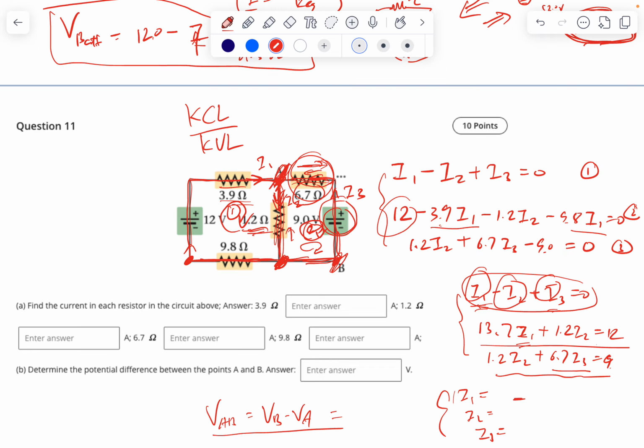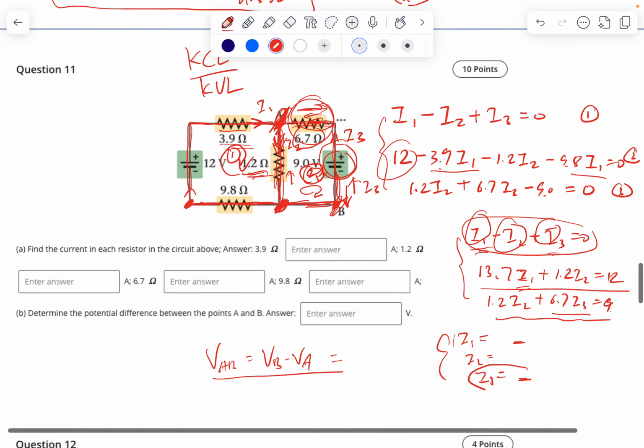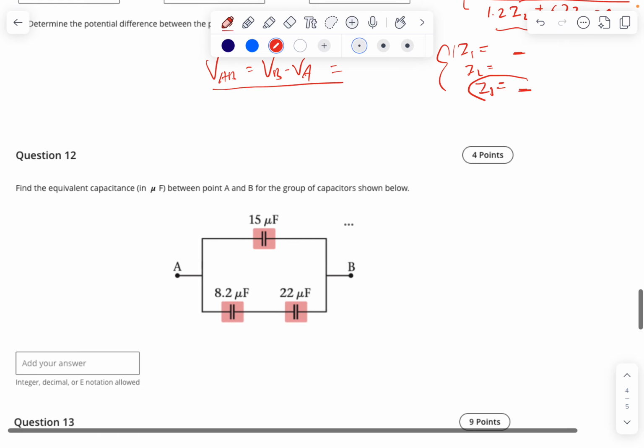Assume I3 is negative, which means the direction you assigned for I3 was wrong. If it turns out I3 is negative, then the real direction is opposite. So you correct that, because initially you don't know which direction it is. Okay, so that's the solution for this one.